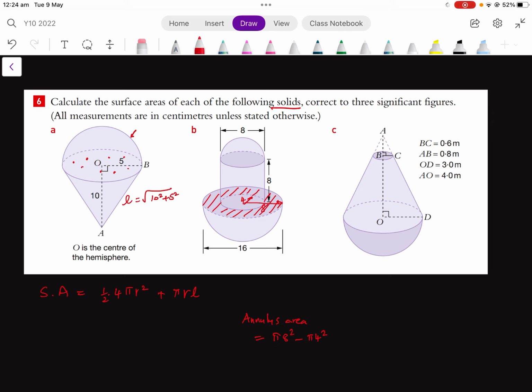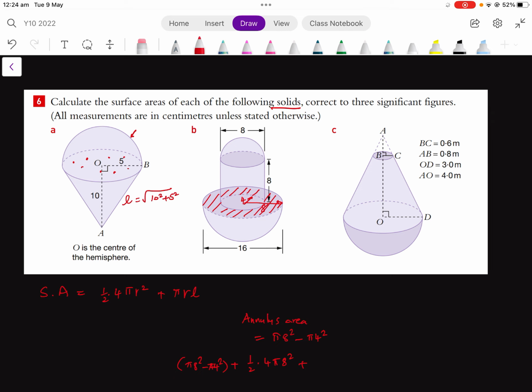And the area of the hemisphere, because it's half of the sphere, the radius is 8, half of 4 pi 8 square. So annulus area is this one, pi 8 square minus pi 4 square, plus I've added the annulus area, I've added the sphere.